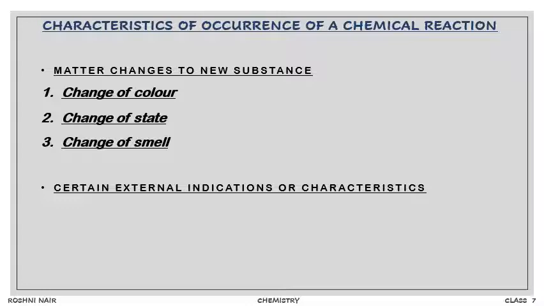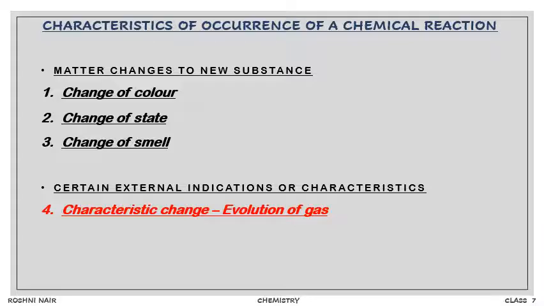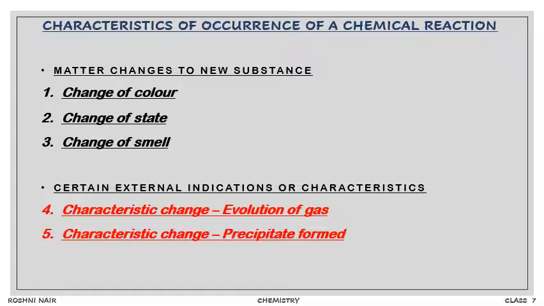Under these external indications, today we will study the characteristic change, that is, when the product is formed, there will be evolution of gas. And we will study the formation of precipitate.